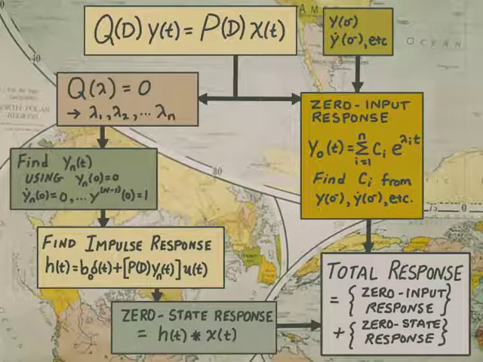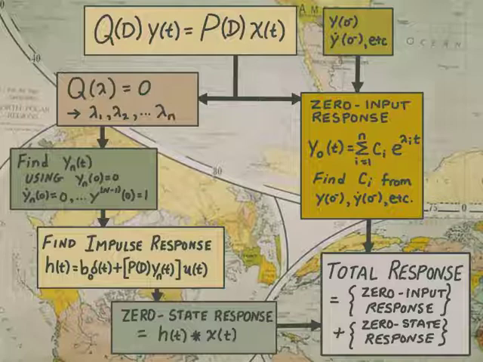Now this rather complicated slide completely sums up all the aspects of finding the total response. So on one side, we have the process for finding the zero input response, and on the other, we have the process for finding the zero state response. We start off with the differential equation, Q of d times y of t equals P of d times x of t, and we're given some initial conditions, y and y dot and so on, at time 0 minus.